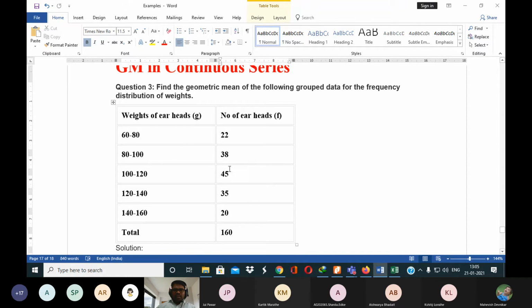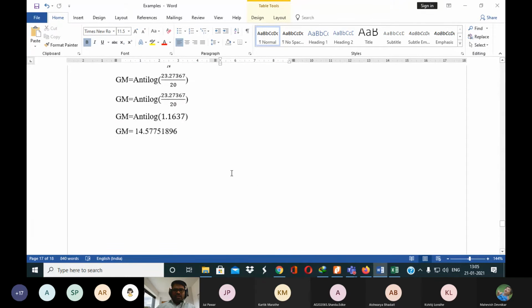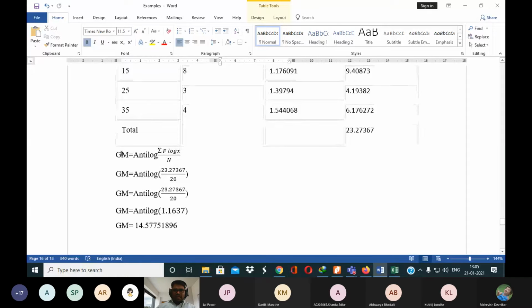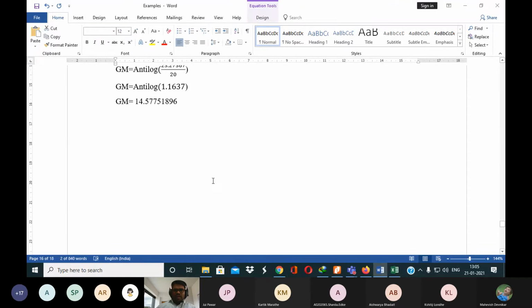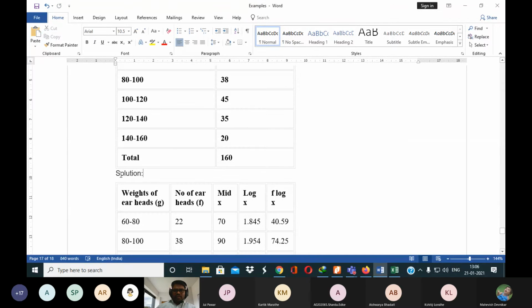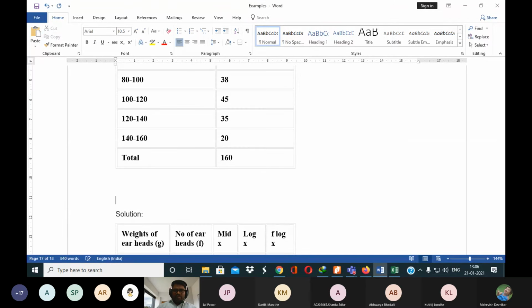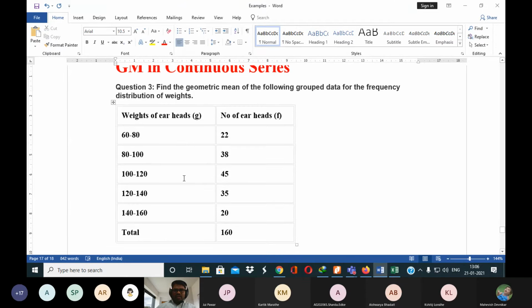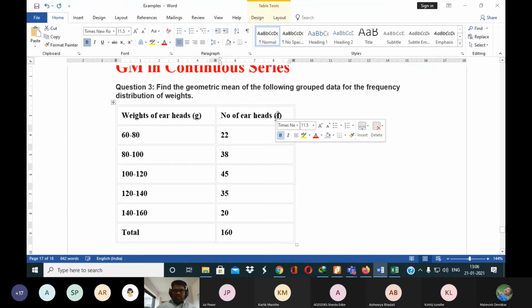To calculate the geometric mean in continuous series, the formula is the same. But while considering the x value, we don't have an x value here because data is given in the form of classes. So this is the class and this is the frequency.